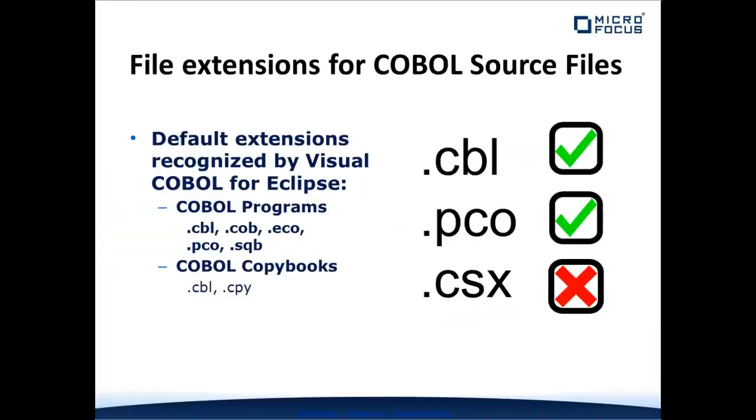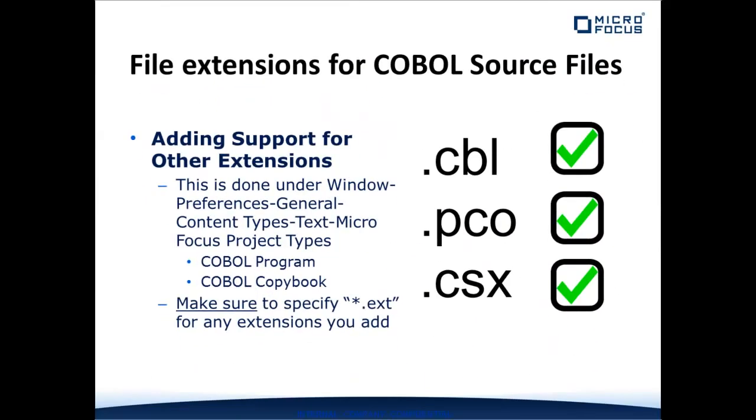You can add to the list of file extensions recognized as a COBOL program by going into Eclipse Preferences for Content Types. Since Content Types is a broader feature of Eclipse and not specifically a COBOL Editor setting, we can't take our shortcut to get to Preferences. We'll have to go to Window Preferences and drill our way down.